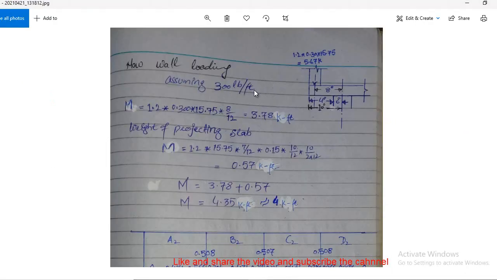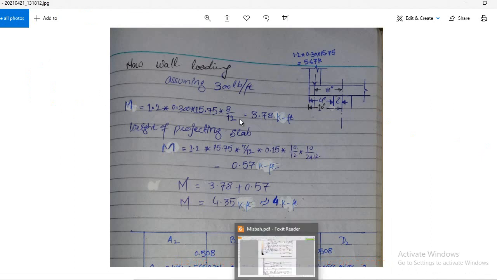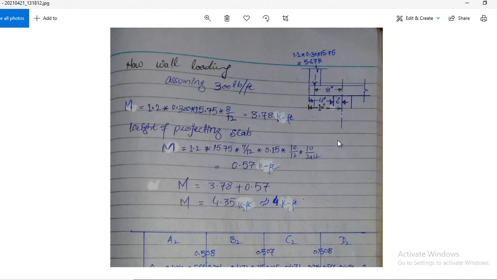Assuming 300 pounds per foot loading of the wall, this is assumed. You can find it from the thickness of the wall and the height of the wall multiplied by 1 foot, so you get the wall weight per foot. But we assume this 300.